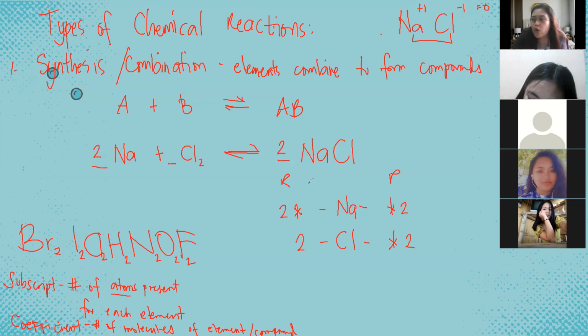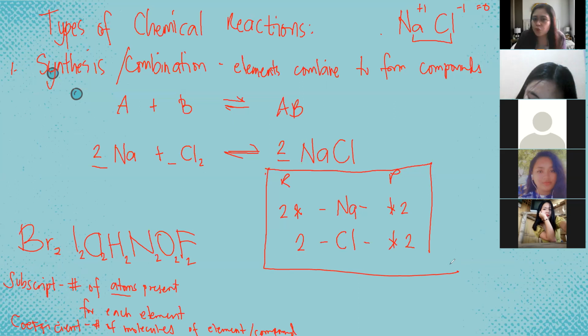I don't know how it was taught to you in high school, but this is how I balance the equation. Balancing is actually just trial and error. We don't have an equation for this to make balancing easier. It is just trial and error.